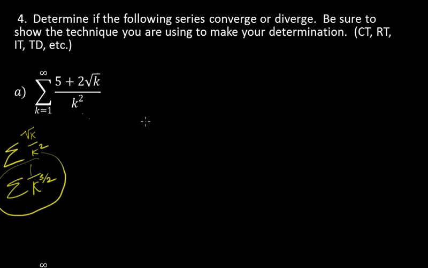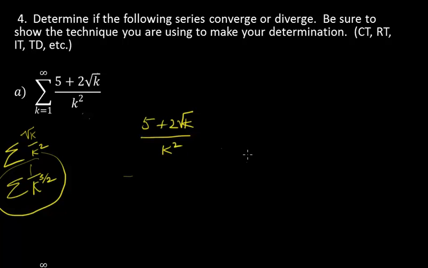So let's take our kth term, 5 plus 2 times the square root of k over k squared. We want to compare it to that, but I can't throw out the 5 and I can't get this less than 1 over k to the 3/2.